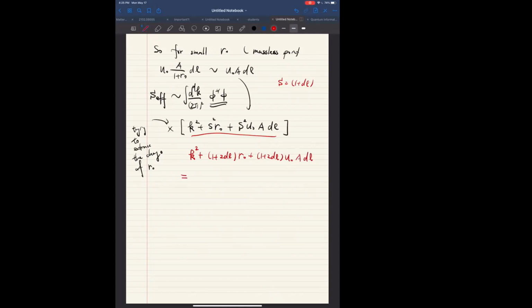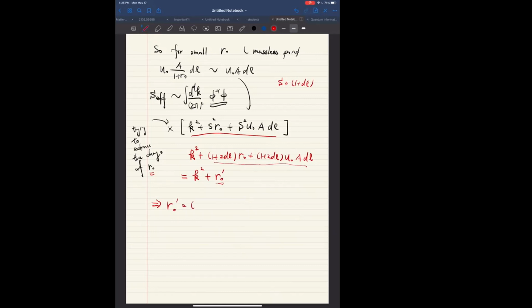Compared to the renormalized coupling constant, r naught prime, we need to read out the change of r naught from here, so that it will be the new coupling constant, the r naught after the first RG iteration.